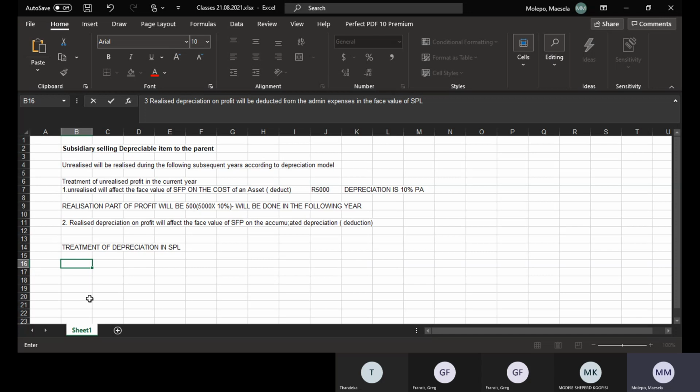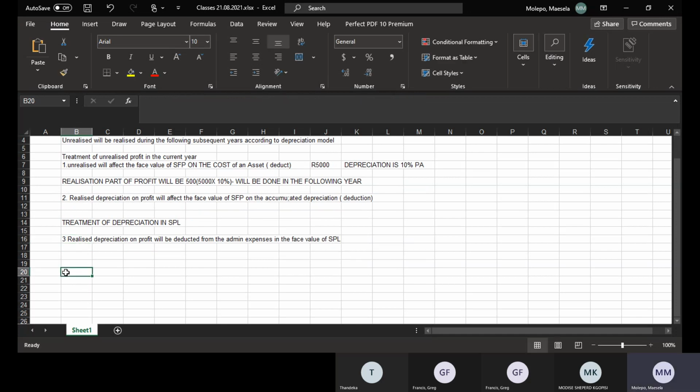Then four, it will be the effect on the analysis of shareholders, on the subsidiary part.